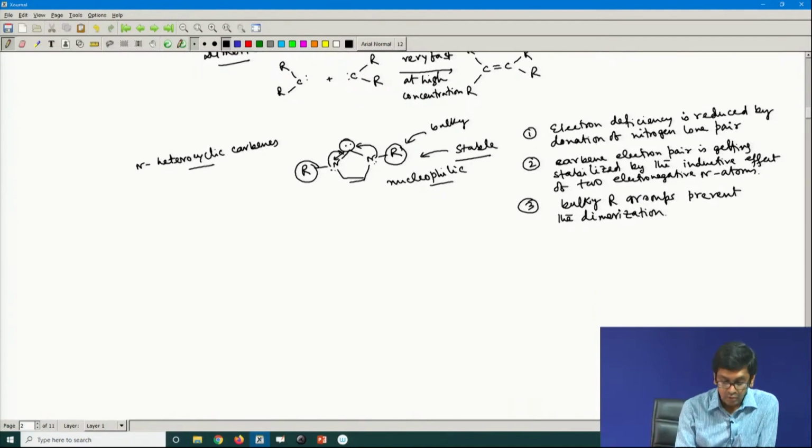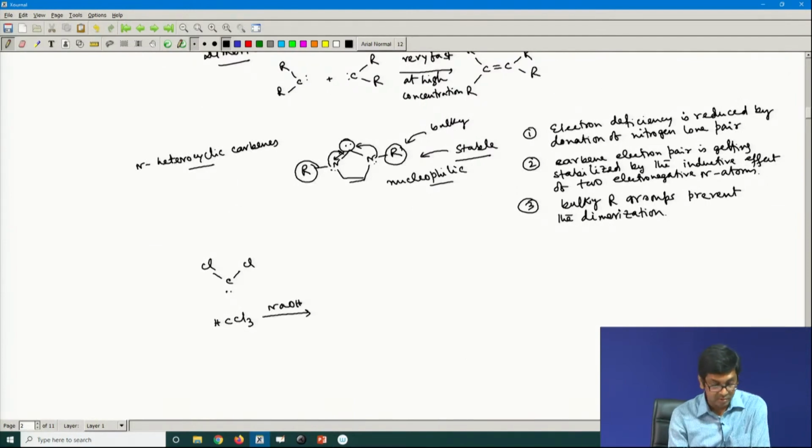Okay. So, the CCl2 carbene, we see, can be generated from chloroform with a base, let us say sodium hydroxide.